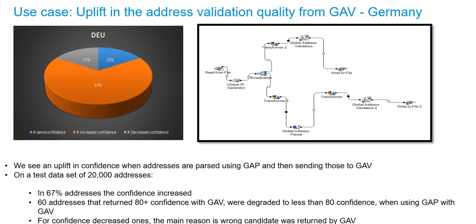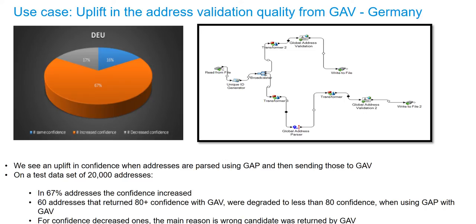Now, the main intuition to build an address parser was also to help address validation. Just as a background, address validation is the process where an input address is validated against a reference data set and then tagged as valid or invalid, which basically means that a parcel or a letter is actually deliverable to the address.